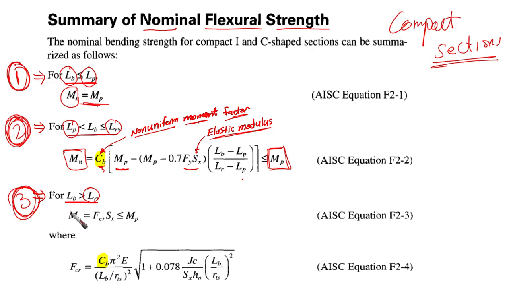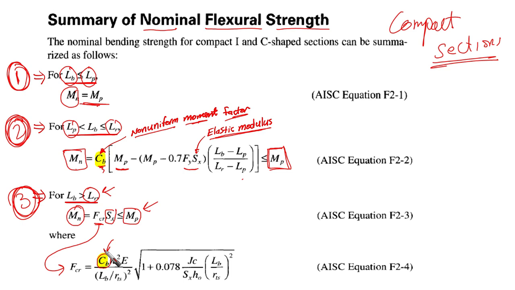If our unbraced length is going to be larger than Lr, the proportional limit, then our nominal flexural strength is going to be Fcr times Sx, and it should always be less than Mp. This Fcr also has Cb in it, the contribution of the moment gradient.